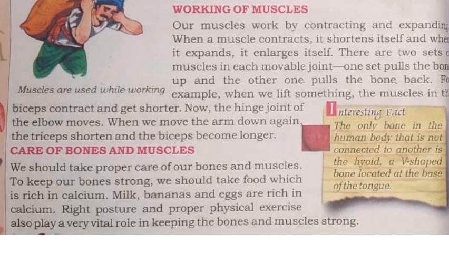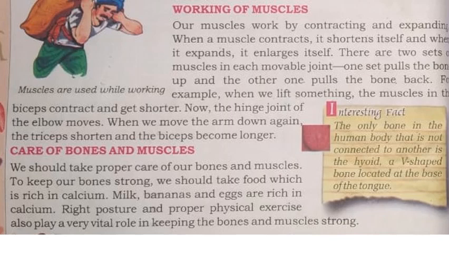One set pulls the bone up and the other one pulls the bone back. When a muscle contracts, it gets shorter and so pulls on the bone it is attached to. When a muscle relaxes, it goes back to its normal size. Muscles can only pull, cannot push.